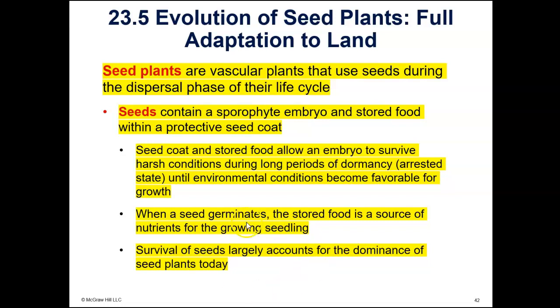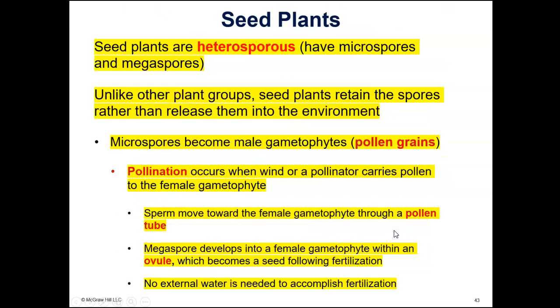We have two groups of seed plants, the gymnosperms and the angiosperms. Both are heterosporous. That means they have microspores and megaspores. The microspores are the male and the megaspores are the female.